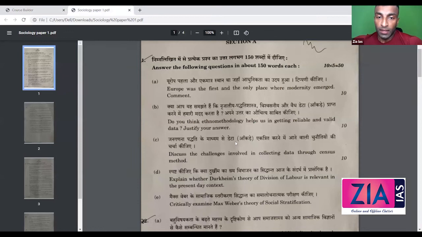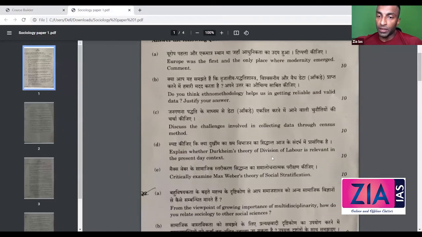Okay. And then explain whether Durkheim's theory of division of labor is relevant in the present day context. We have discussed this only, how it is relevant in the present day context. Even Durkheim is talking about that. I'm not discussing the theory entirely here, we are just discussing the core point.